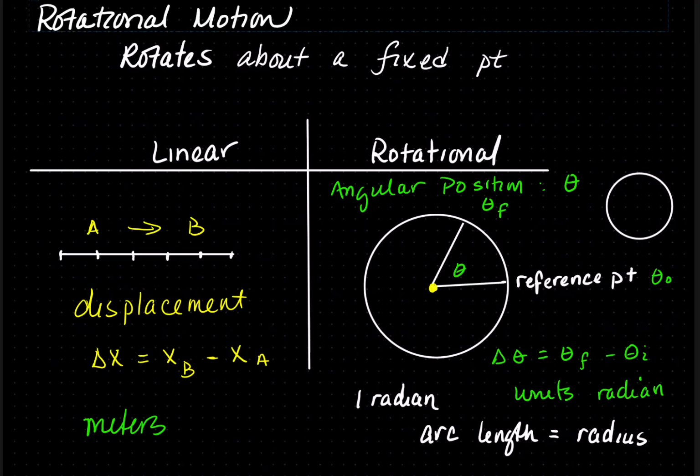Another way we could define theta, or angular position, is the arc length, which is this outer part that the theta traveled, over the radius, which is the distance from the center to the outer edge of the circle. We could rewrite this formula as theta equals S over R, for arc length over radius.